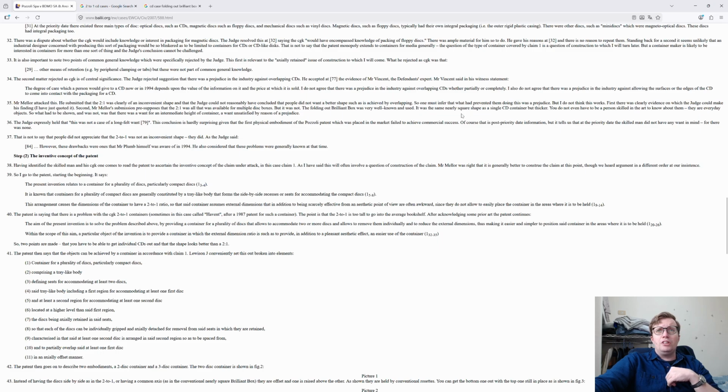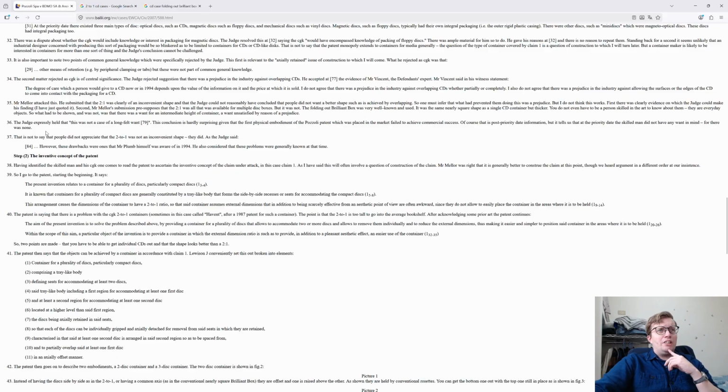And it was the same nearly square shape as a single CD container, but thicker. You do not even have to be a person skilled in the art to know about them. They are everyday objects. So what had to be shown and was not was that there was a want for an intermediate height of container, a want unsatisfied by reason of a prejudice.